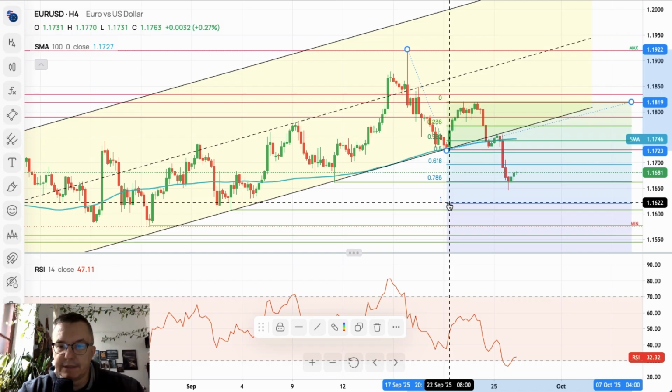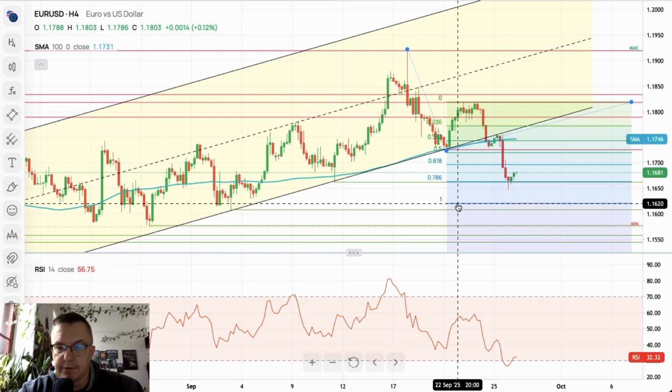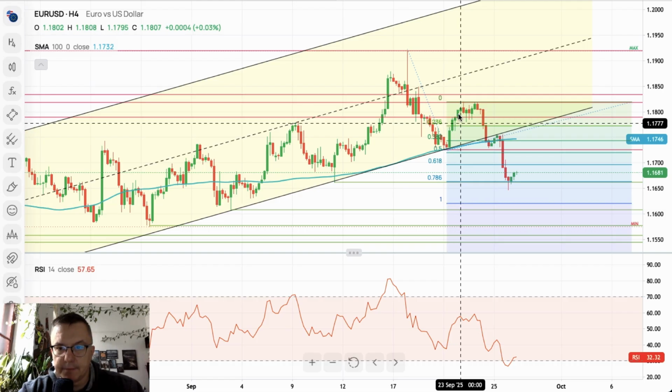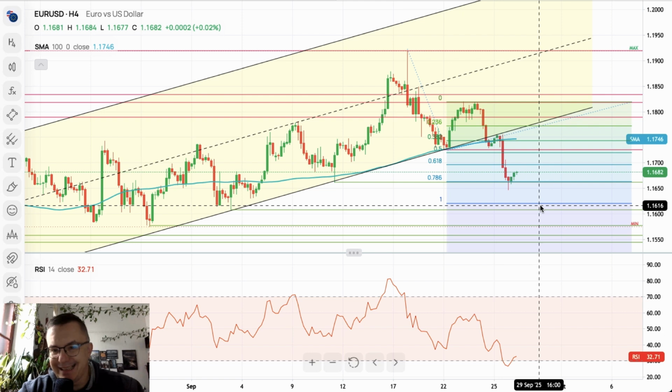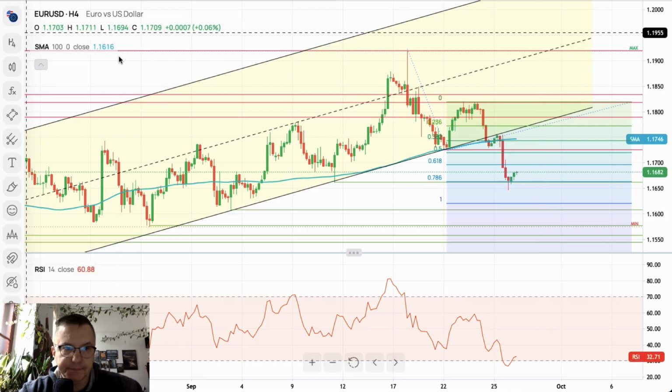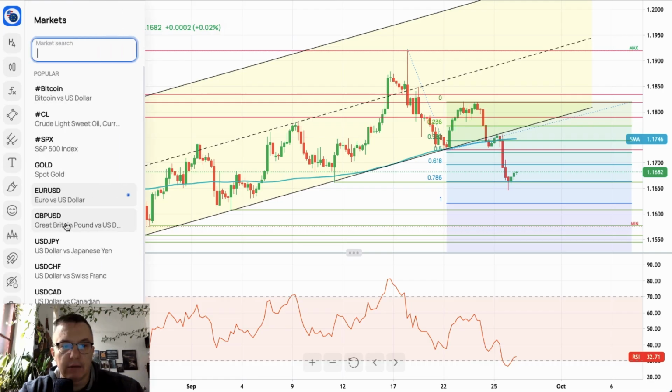This is the 100% target, which might be very interesting for that situation. So please keep an eye on the current wave progression. ABC to the downside doesn't actually look like it is completed right now, so we might see a little bit more to the downside quite soon. So euro dollar bearish.